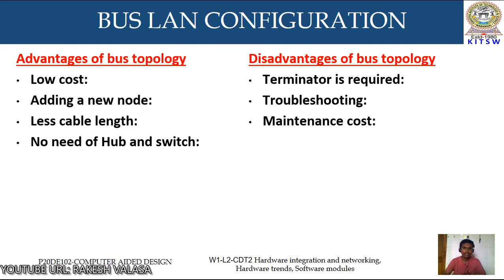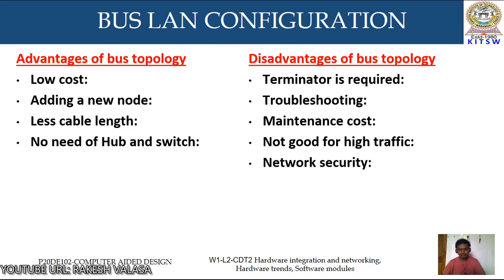The next disadvantage, not good for high traffic. Bus topology can only work fine for a small number of computers, and it is not ideal for large traffic of data. On adding more nodes, the performance of the network becomes slow. The last one is network security.